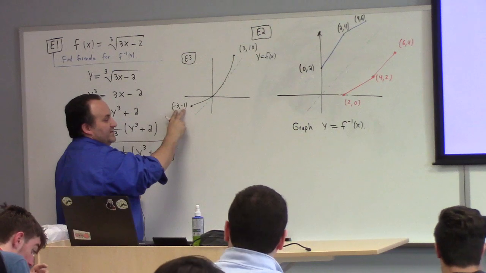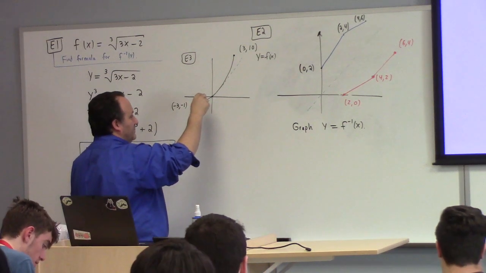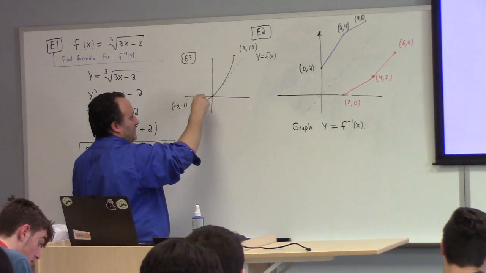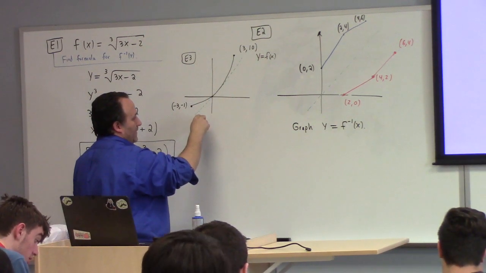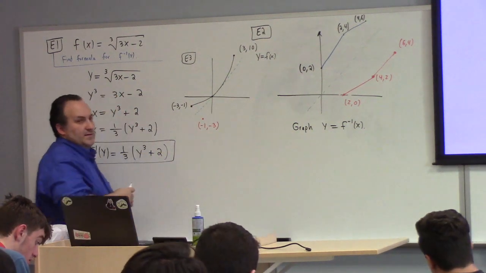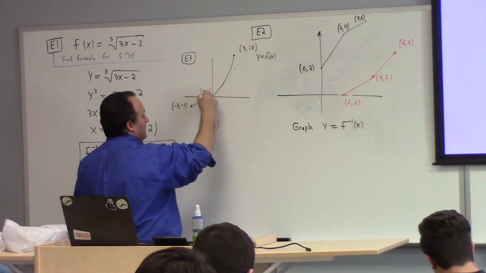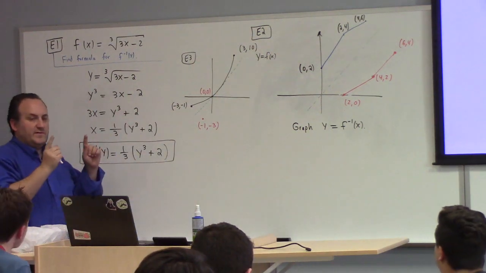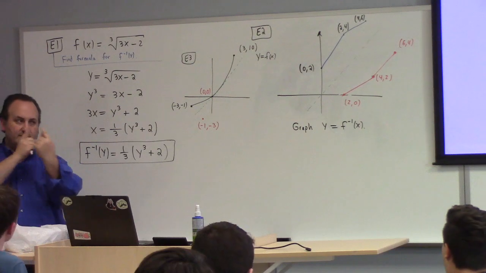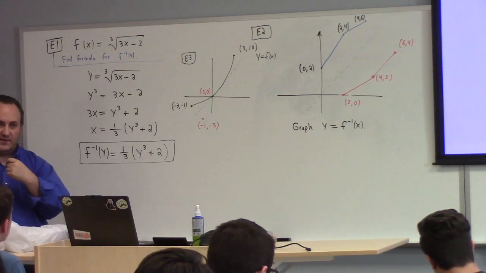So if (-3, -1) is on the graph of f, then (-1, -3) is on the graph of f inverse. And on the other hand, the point (0, 0), what happens if you flip (0, 0)? Nothing, right? So that point will be both on the graph of f and on the graph of the inverse.